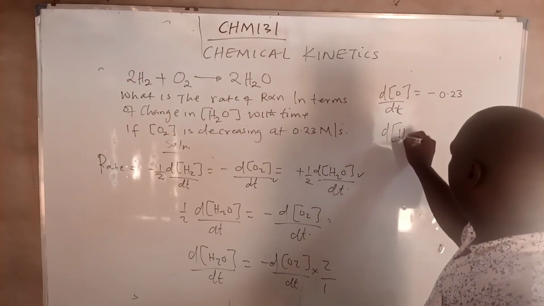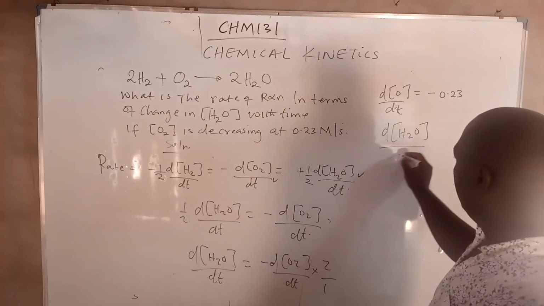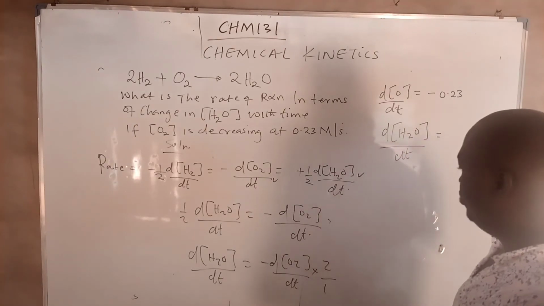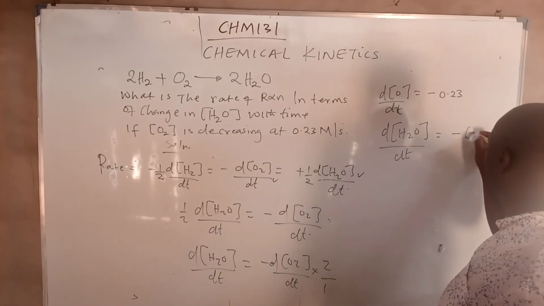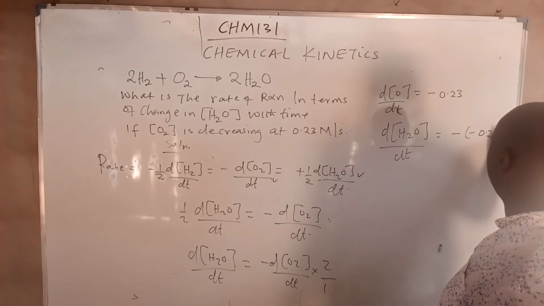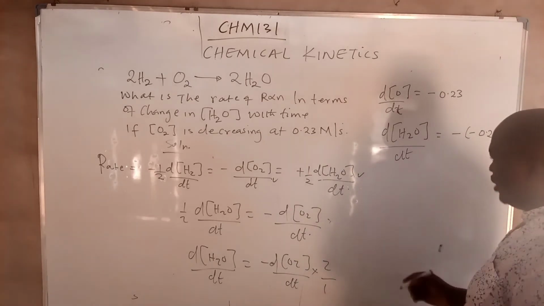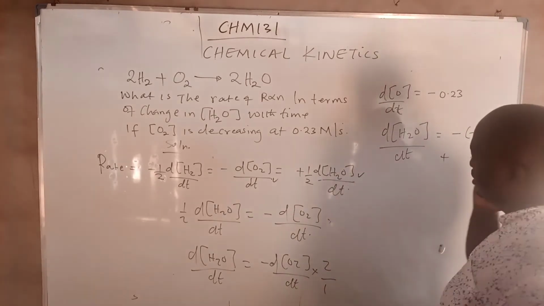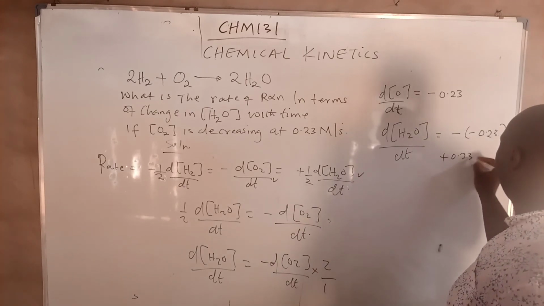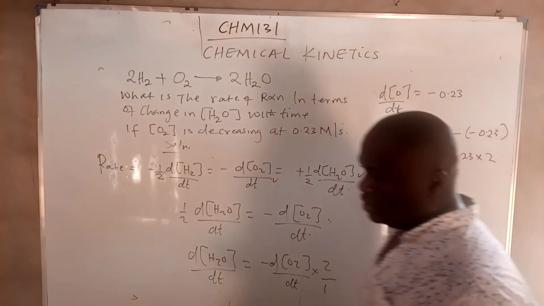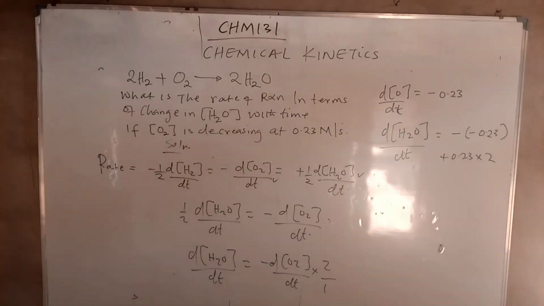So when this minus jumps into this formula, your answer will now be all over the T to be minus. Now the concentration of oxygen given in the question is also minus 0.23. And you see that minus times minus will give you plus, right? So this is, remember for the formula, plus 0.23 times 2. Now we're going to times it to get the answer.